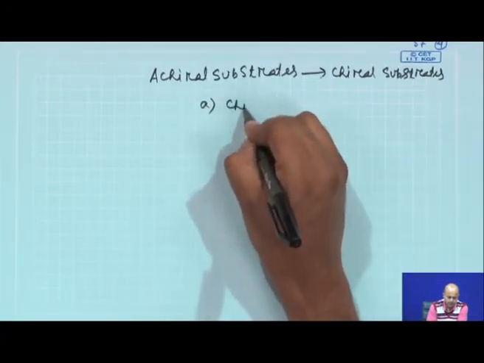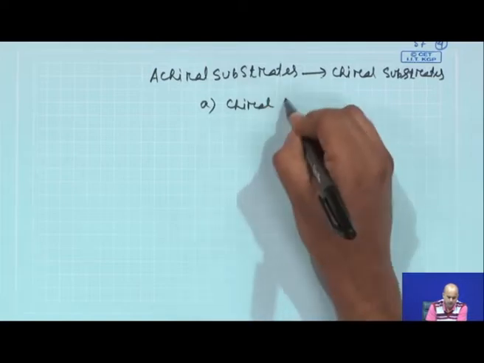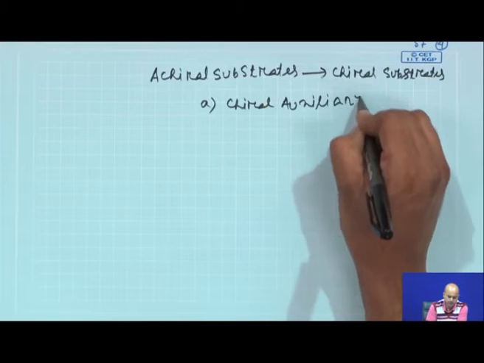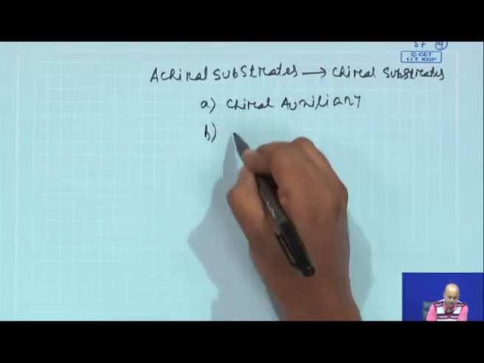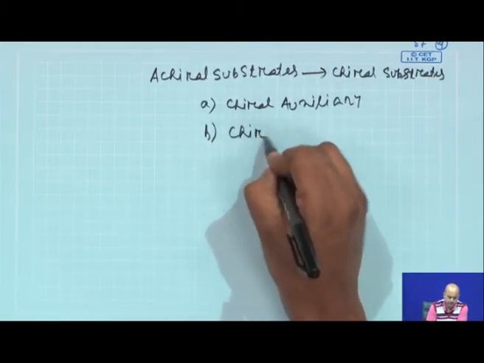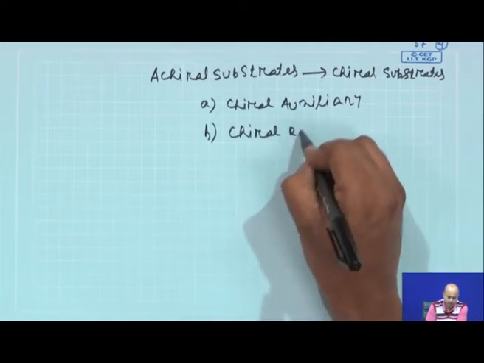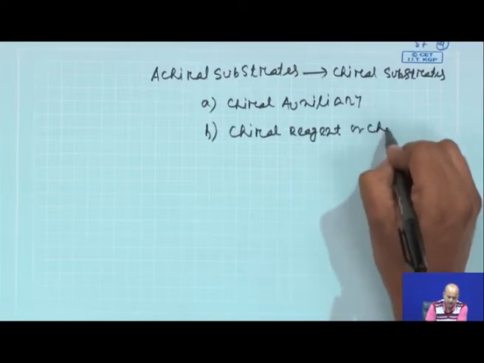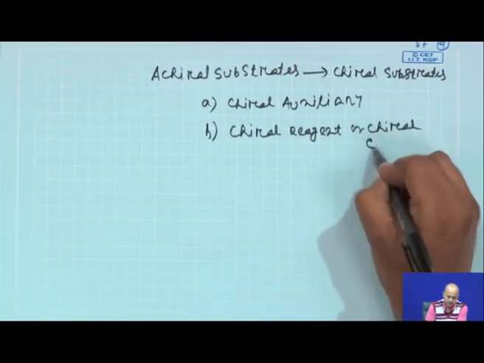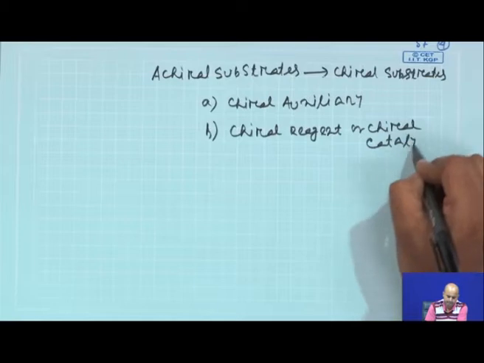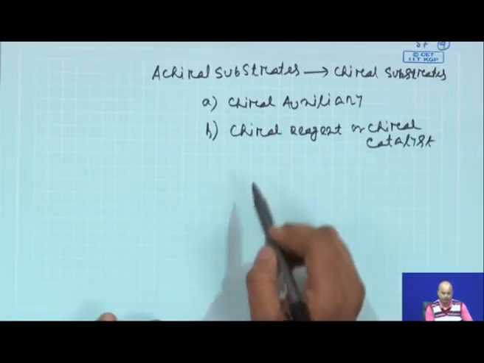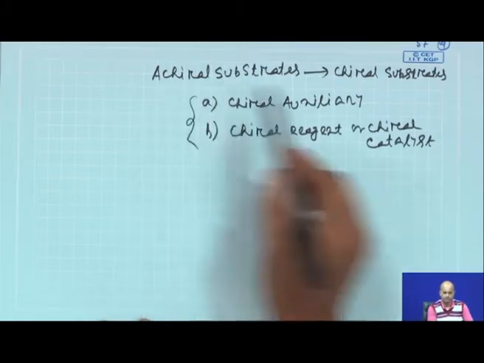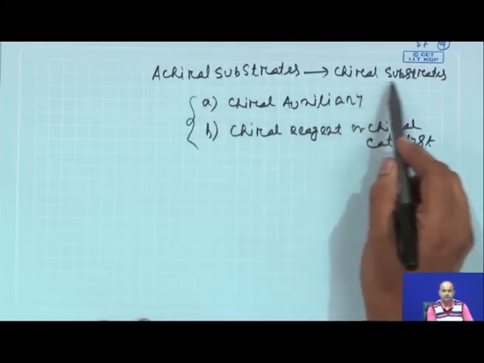The very early approaches, which are very popular, are chiral auxiliary based approaches, and the other is reacting with a chiral reagent or a chiral catalyst. These are the two principal ways you can start with an achiral substrate and synthesize a chiral substrate.